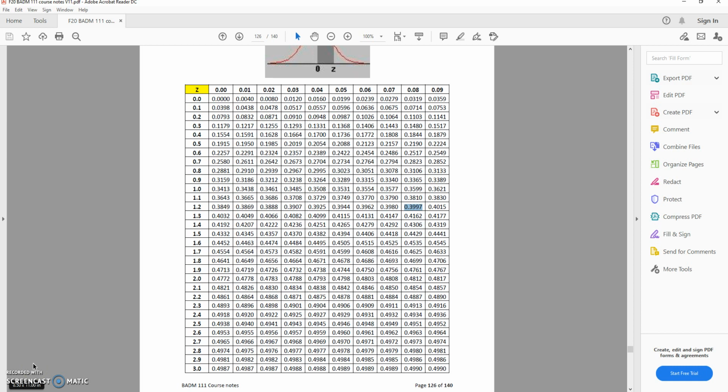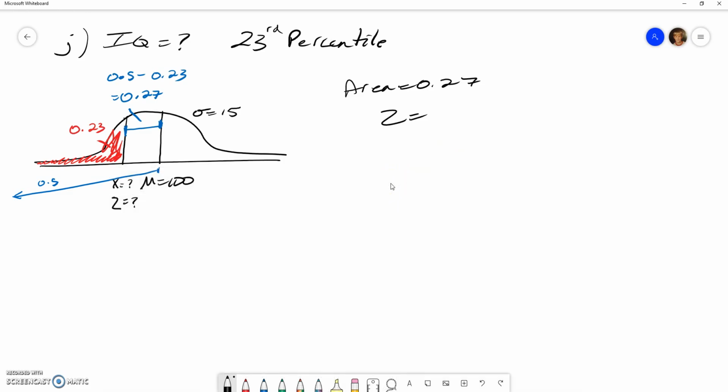Where are we looking here? 0.27, right in there. 0.74 is the closest Z value to an area of 0.27. So the Z value is 0.74. It's on the left side, so it's negative. If you forget the negative, you're going to get an X value that is going to be greater than 100.